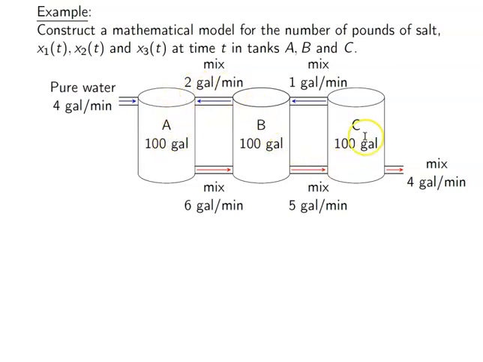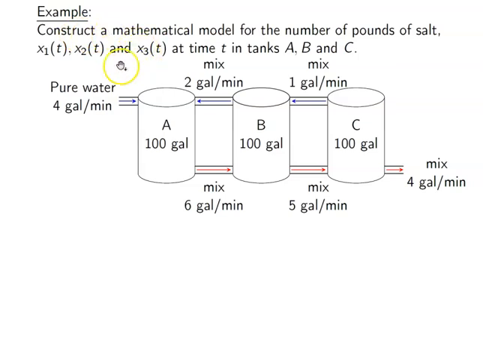And same thing with tank C: it's leaving tank B at 5 gallons a minute, and a mixture is coming in at 1 gallon a minute into B and being mixed as well. And then I have an outflow from C at 4 gallons per minute.